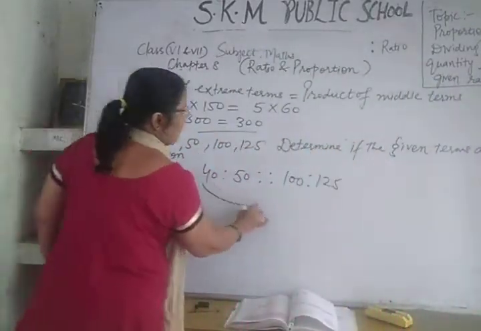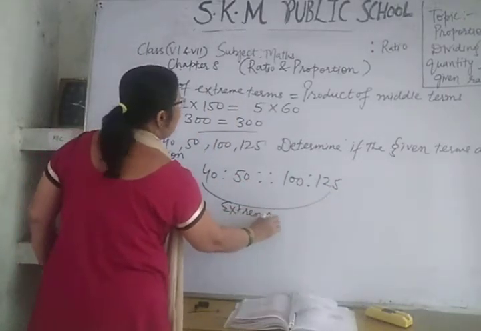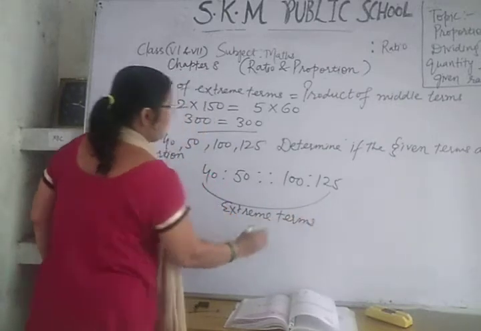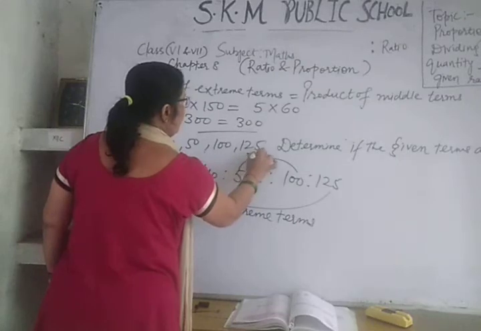So here 40 and 125 are the extreme terms, and 50 and 100 are the middle terms.